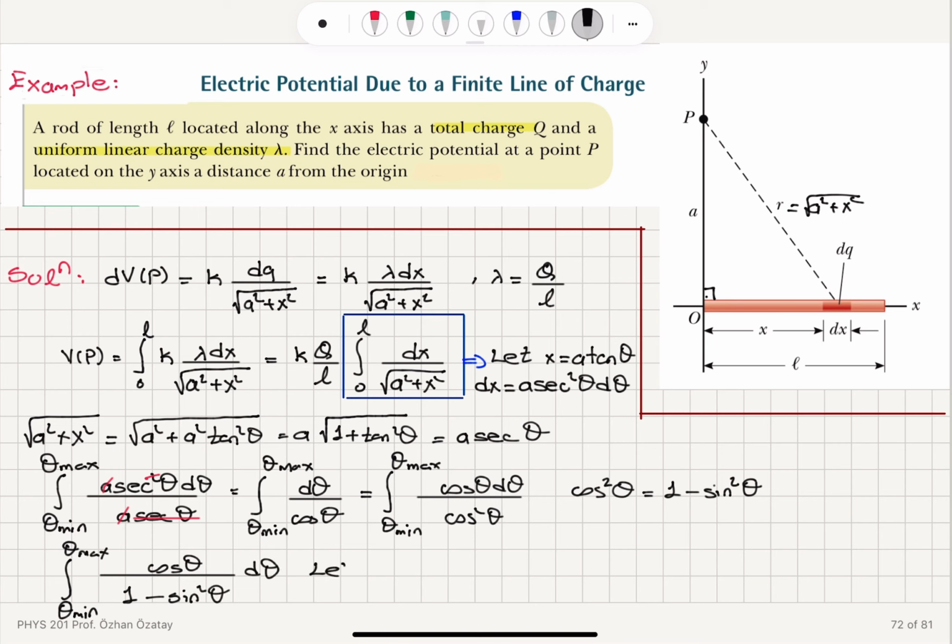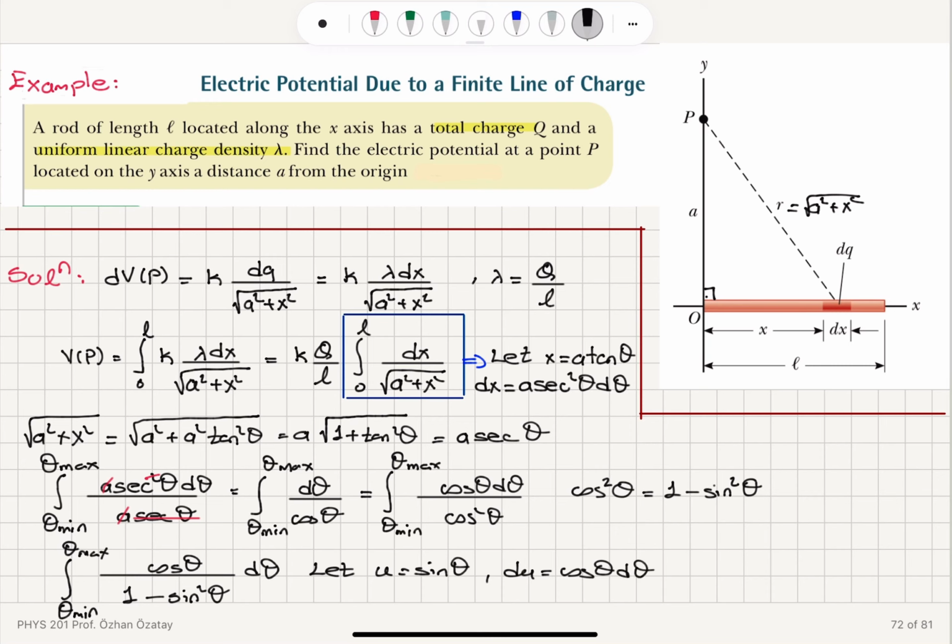At this point, I'm going to make a transformation to variable u. U is equal to sine theta, so that du is equal to cosine theta d theta.